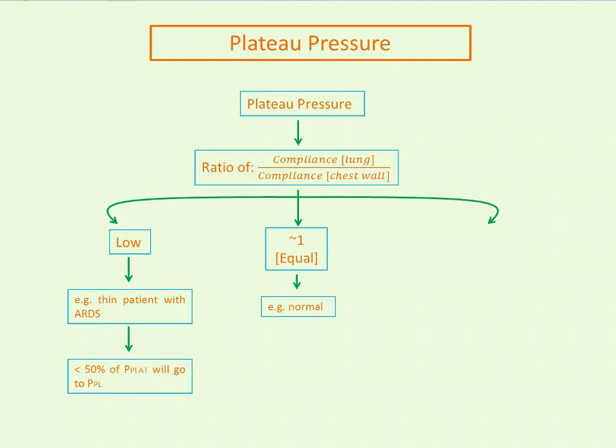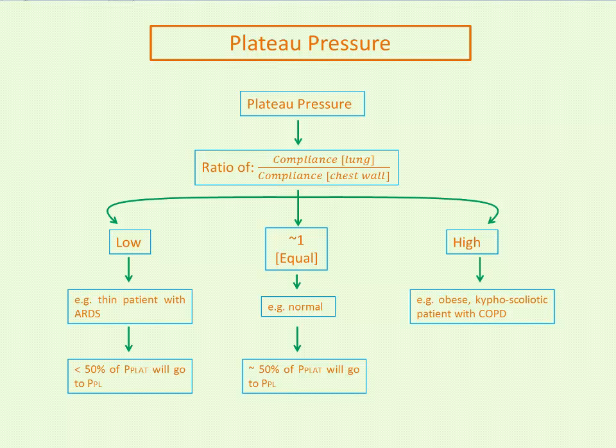If it's roughly equal, as the lung and chest wall compliances are roughly equal in health, then roughly 50% of the plateau pressure at end inspiration or PEEP at end expiration will go to the pleural space. And if it's very high, you think of the obese kyphoscoliotic patient with COPD.